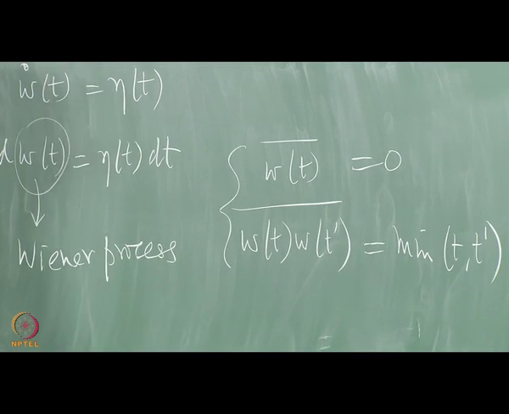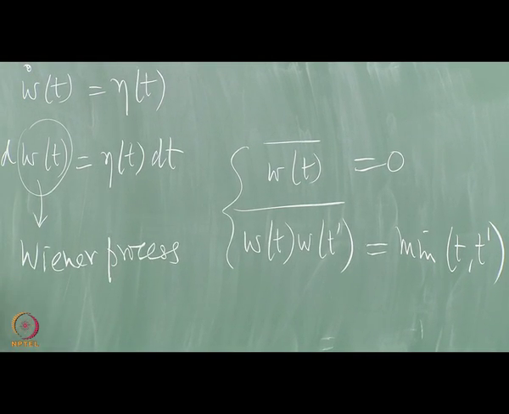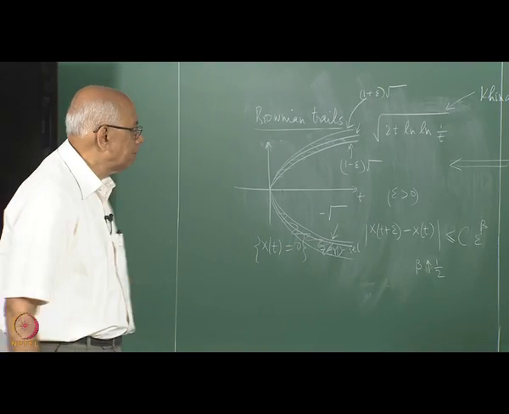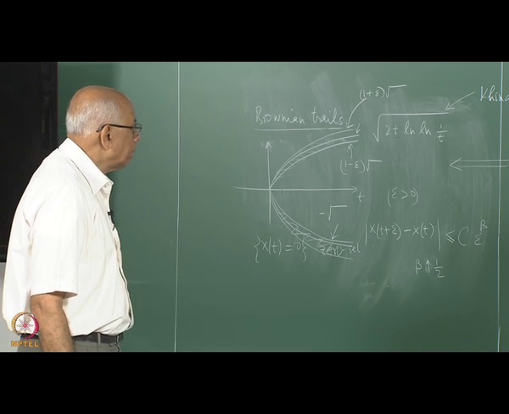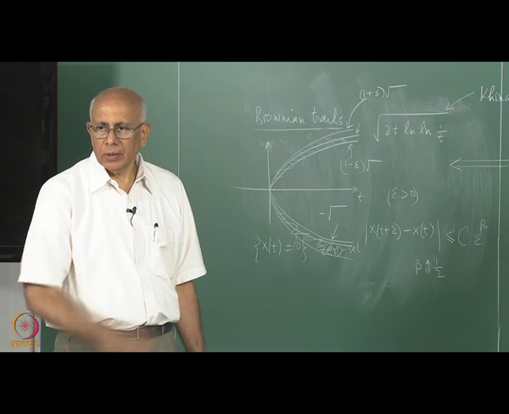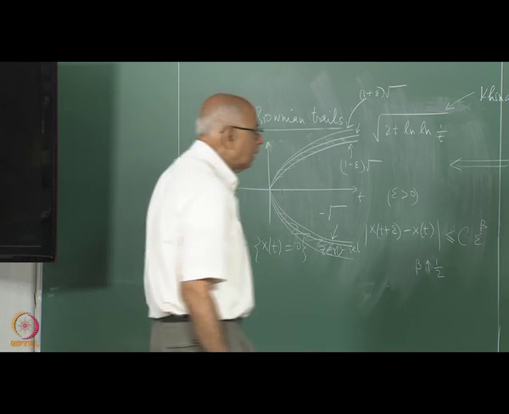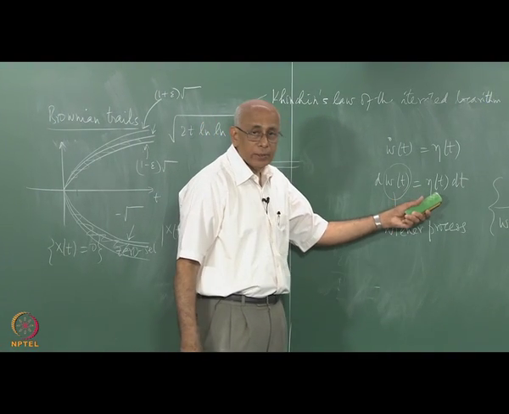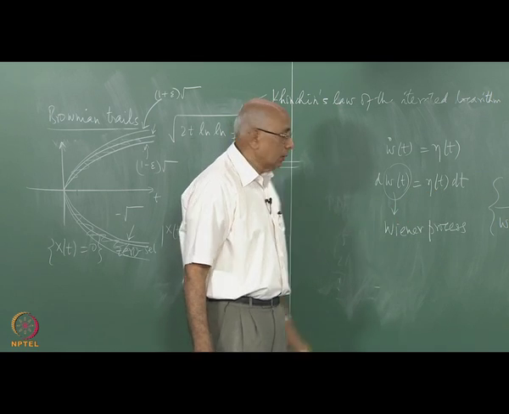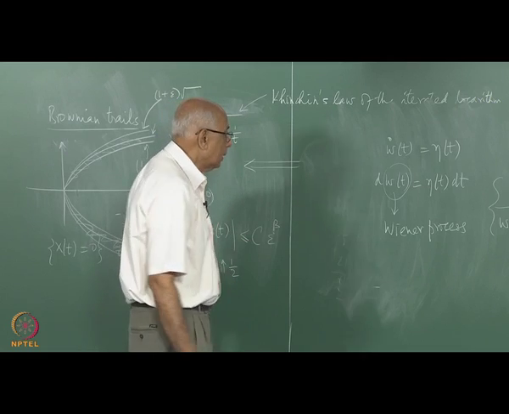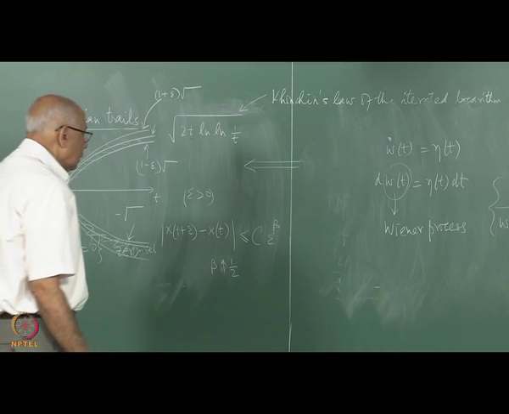It is a Gaussian process which has 0 mean and whose autocorrelation is given by this quantity here. Okay. In loose terms, it is the integral of white noise, okay, and it is a process with stationary increments because this guy is stationary, okay, and that is an increment in the process.